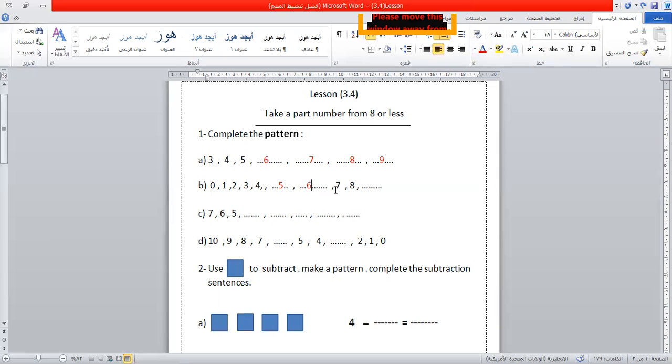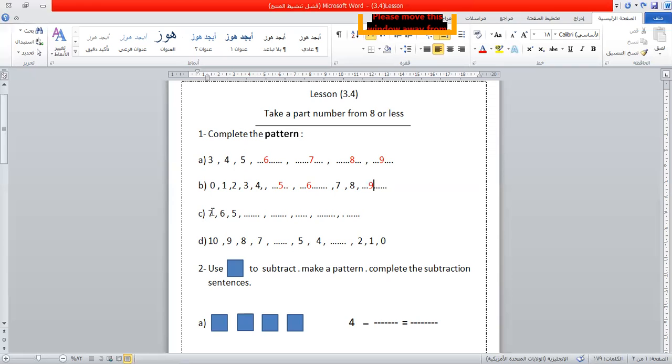After 6, we have 7, 8, and then 9. Okay. Here the numbers are increasing, right? 0, we add 1 will be 1. 1, we add 1 will be 2. We add 1 will be 3, 4, 5, 6, 7, 8, 9. The numbers are getting greater, getting bigger.